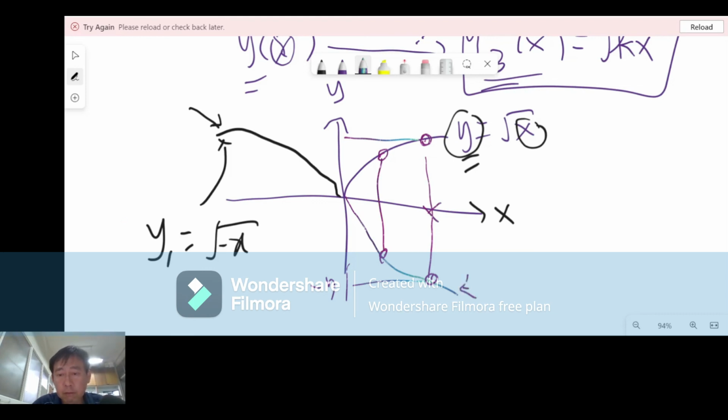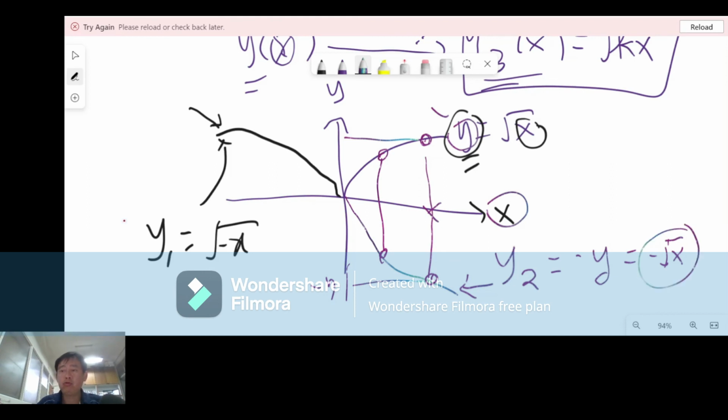So this version of the function, I call it y2, which is the reflected version of y about the x-axis, is obtained by replacing all the values of y by negative y, which is this one, and this is the expression of negative square root of x. So y equals negative square root of x is the reflected version of the original function about the x-axis.